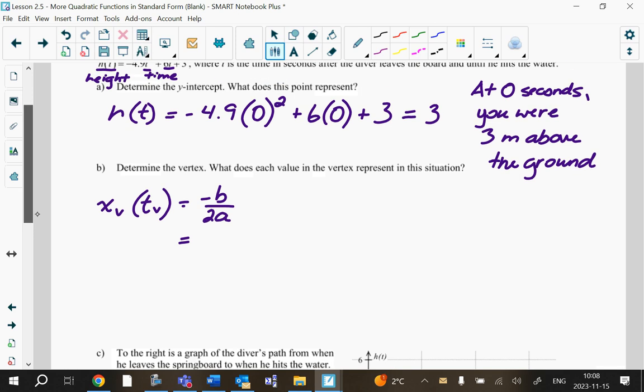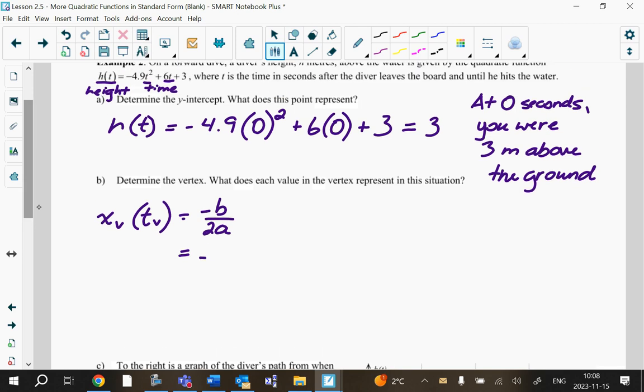So what's the value of b in this equation? 6. So it becomes negative 6, divided by 2 times the value of a. So that's going to give us a decimal answer. So we'll probably want to round to 1 or 2 decimal places.